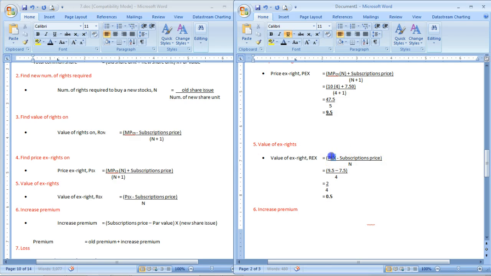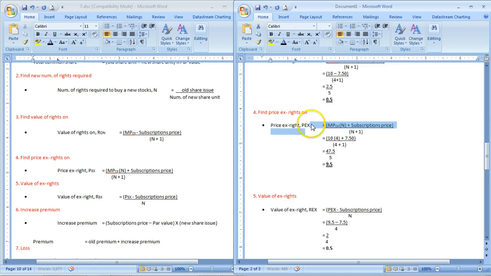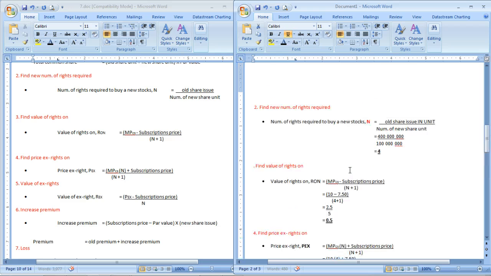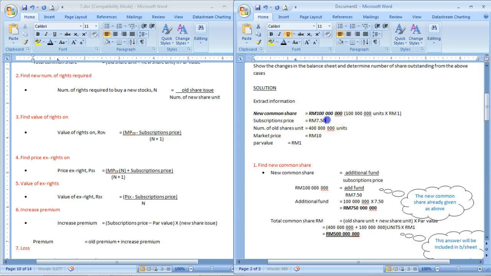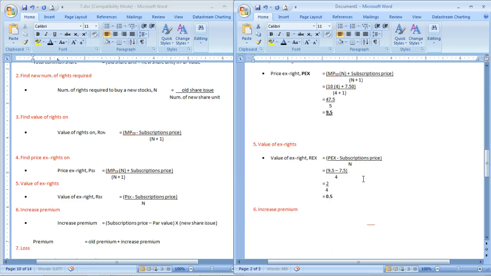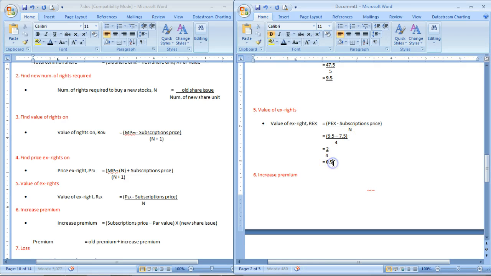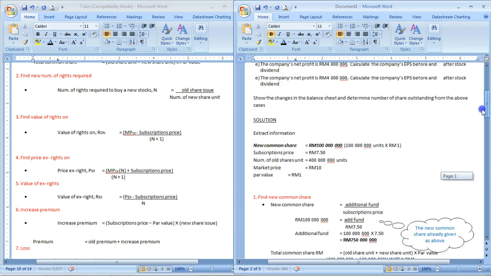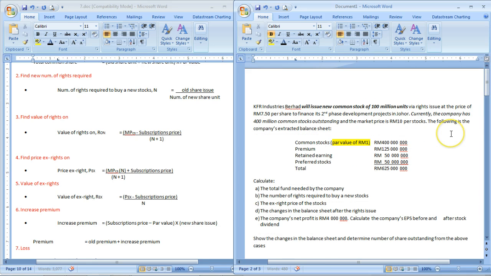So what is price PEX, class? Correct. PEX comes from your answer above, the price ex right. This answer will be put here, minus the subscription price from your information just now, and divided by 4, then you get 0.5. And not only that, you need to calculate your premium. As I told you, class, I just want to repeat from my first video.